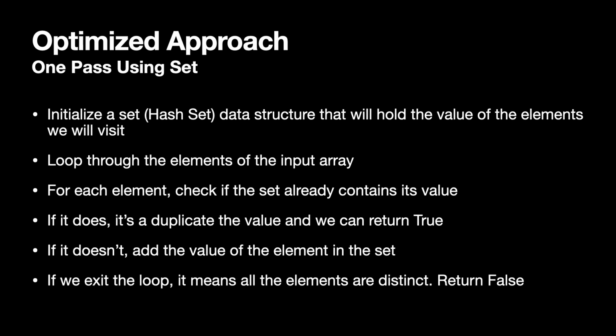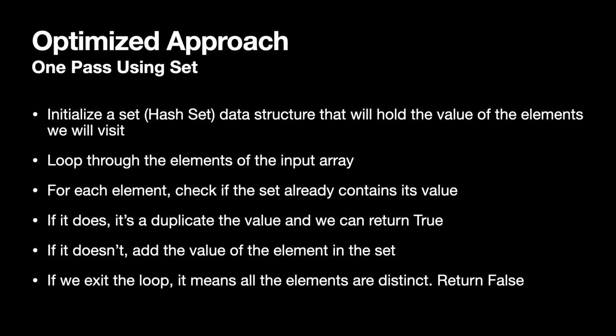Loop through the elements of the input array, and for each element, check if the set already contains its value. If it does, it's a duplicate value and we can return true. If it doesn't, add the value of the element to the set. If we go over all the elements of the array and exit the loop, it means that all the elements are distinct, at which point we will return false.